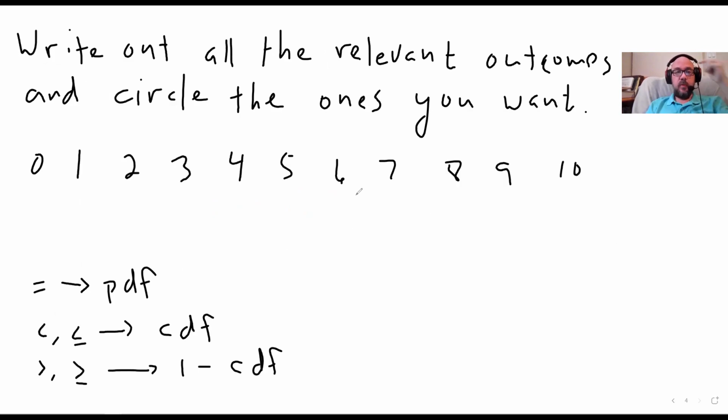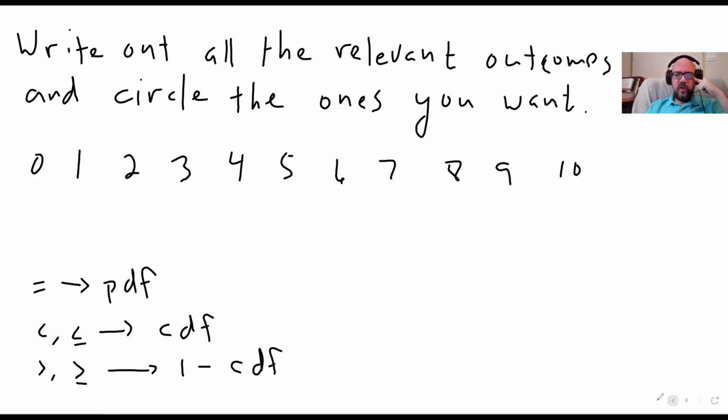Two pages from now. This is the one I want. So here is a huge tip for you that makes this a lot easier. I want to write out all of the outcomes. If there's 1,000 different outcomes, you can just write out the area you're interested in. I want to write out all the outcomes, and I want to circle the ones that we are interested in.